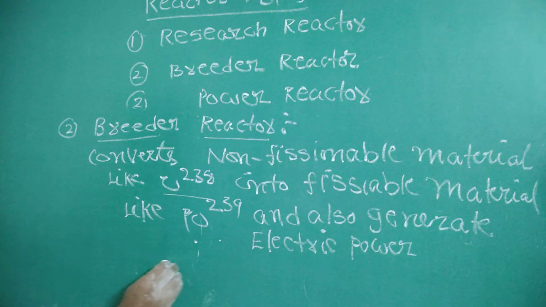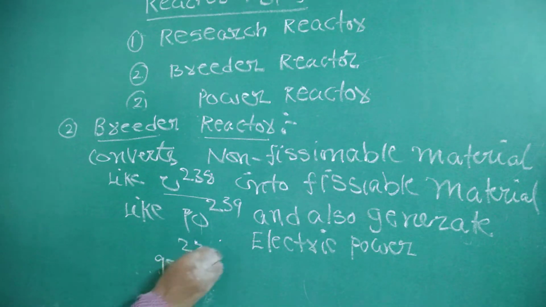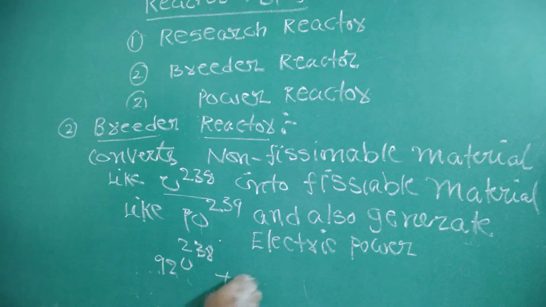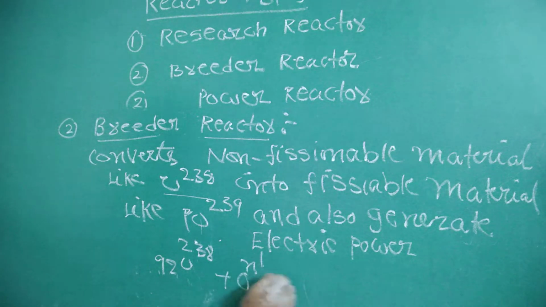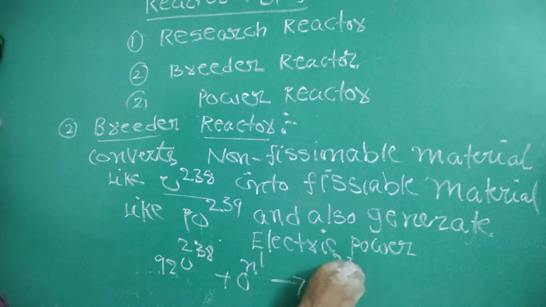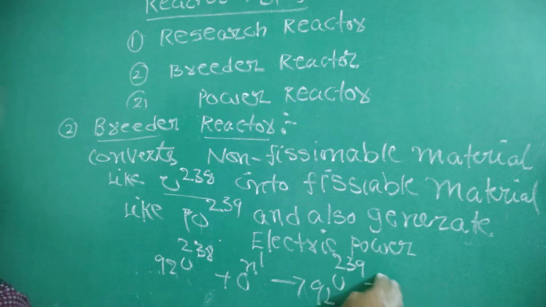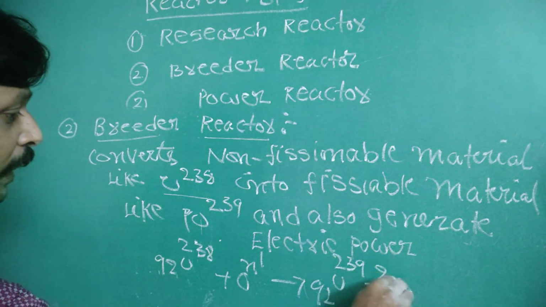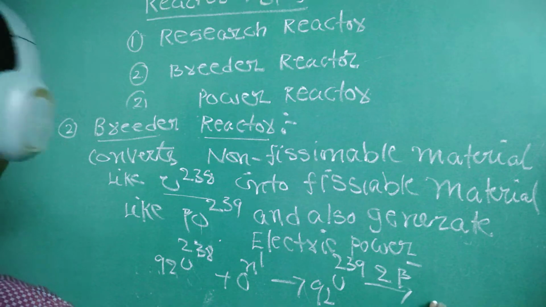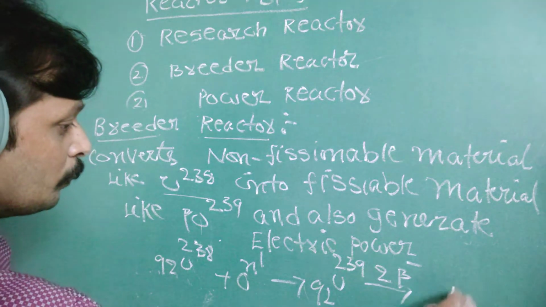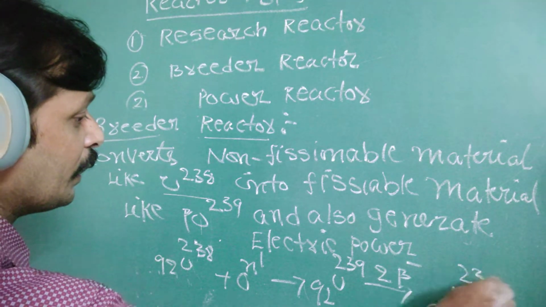Now the reaction here is: uranium-238 (92) plus a neutron gives uranium-239 (92), which goes through 2 beta-minus decays to give plutonium-239 (94).